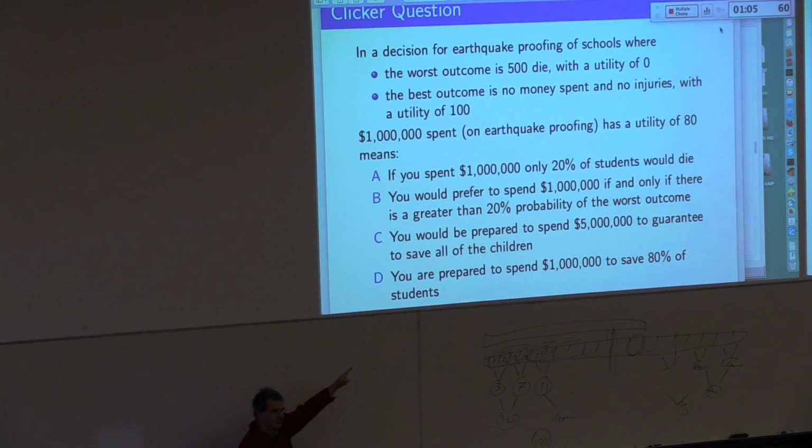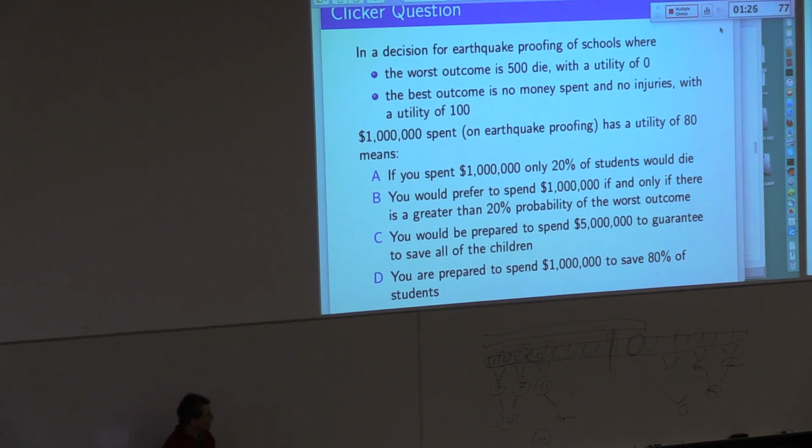So we had this definition. Okay. So A, does it mean that if you spend $1 million, only 20% of the students would die? B, you'd prefer to spend $1 million if and only if there's greater than 20% probability of the worst outcome. C, you'd be prepared to spend $5 million to guarantee to save all the children.